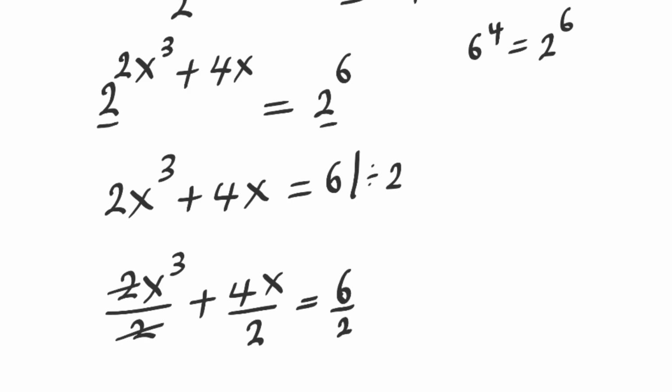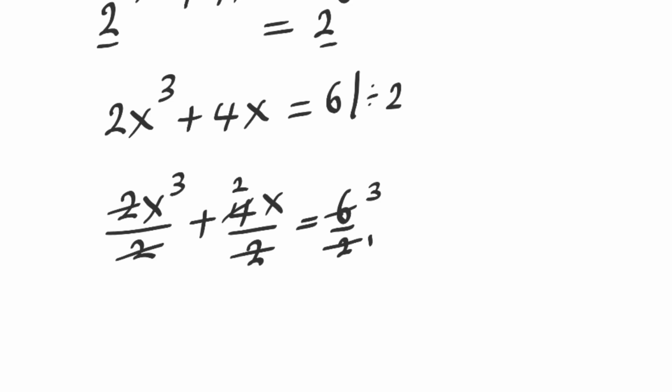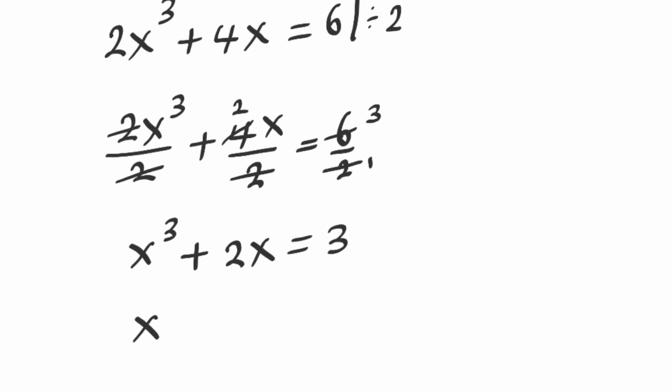This gives x³ + 2x is equal to 3. Then x³ + 2x - 3 is equal to 0.